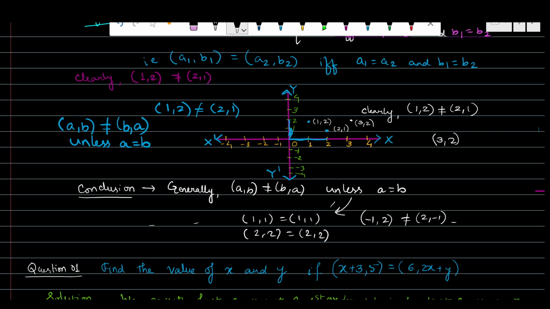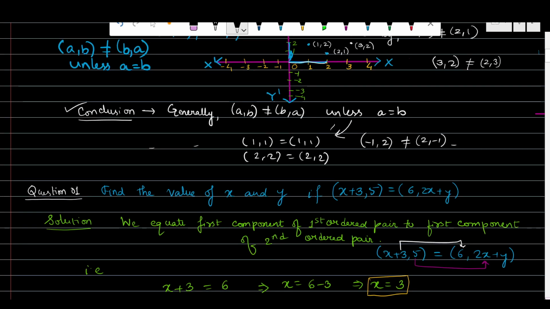And if we take the point 2 comma 3, 2 units on the x-axis and 3 units on the y-axis, this point is 2 comma 3. We can see that 2 comma 3 is over here and 3 comma 2 is over here. So 2 comma 3 is not equal to 3 comma 2. This is basically the conclusion: generally A B is not equal to B A unless A equals B. We have shown the example also.